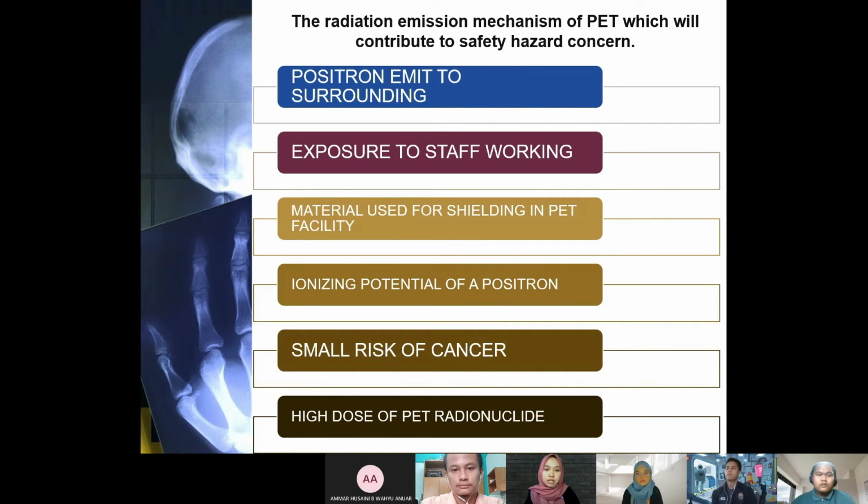The next point is a small risk of cancer. Low-level radiation exposure has no immediate health consequences, but it can lead to long-term health problems, so a slight increase in cancer risk over a lifetime. There are studies that monitor groups of people who have been exposed to radiation, such as atomic bomb survivors and workers in the radiation industry.